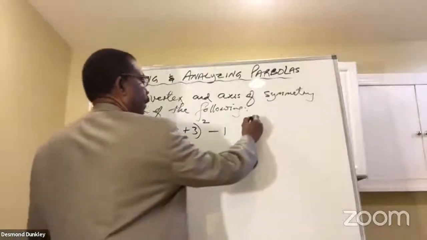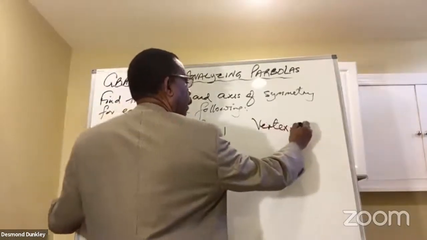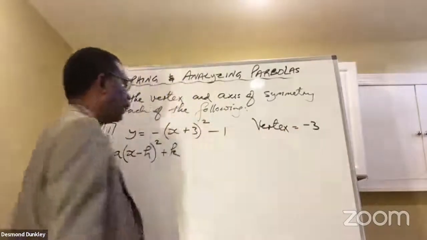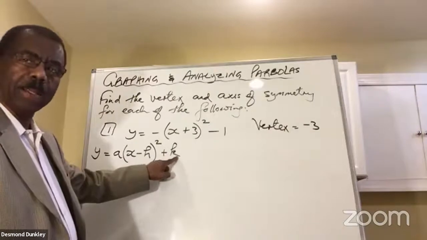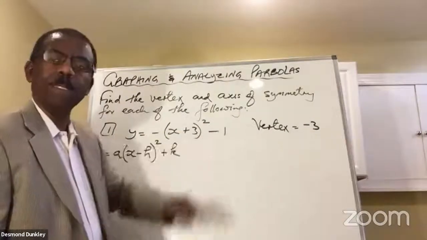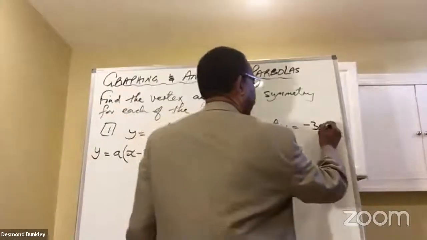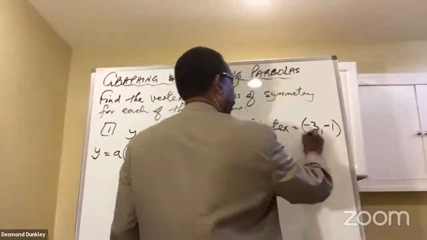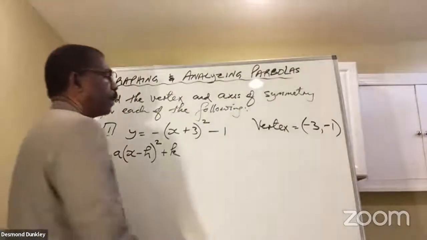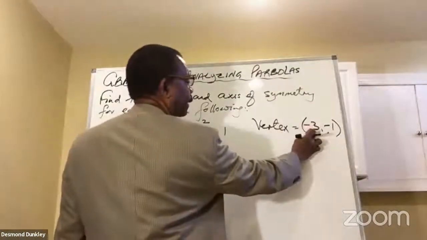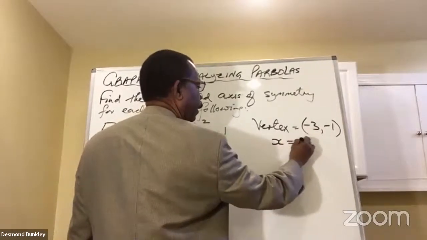So the vertex, and then it's supposed to be plus k. But this is a negative 1, so k has to be negative 1. So that would be the vertex. What is the axis of symmetry? The axis of symmetry is always the x value at the vertex. So the axis of symmetry is x equal to negative 3.